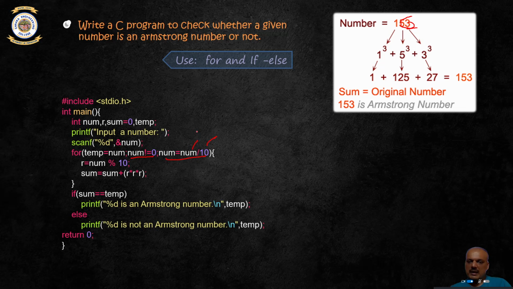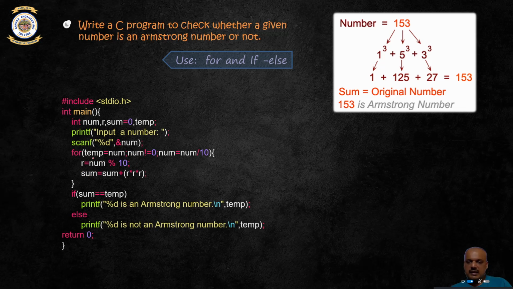Remember, in my lecture on arithmetic operators, I talked about integer division. Num is an integer, 10 is an integer, so even if the result is a float, it will get typecasted to an integer which is stored in num again. Then I calculate the residue by using the modulo operator, which we had discussed.